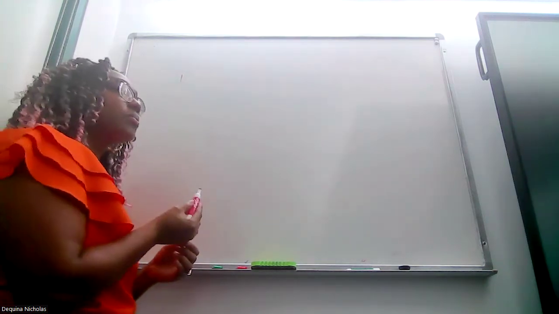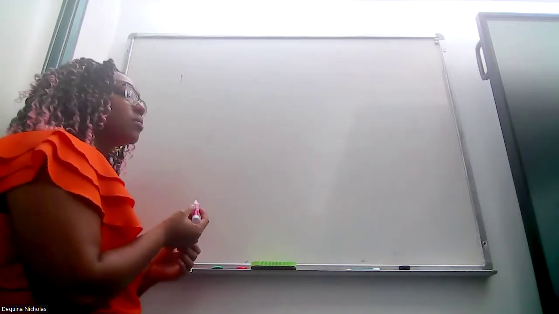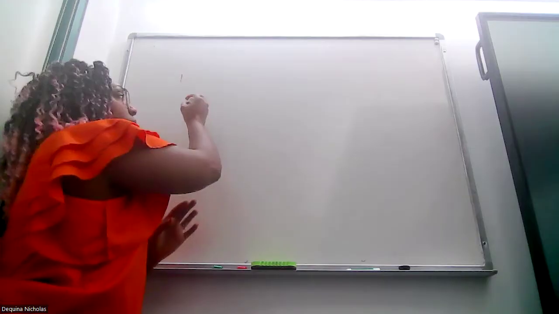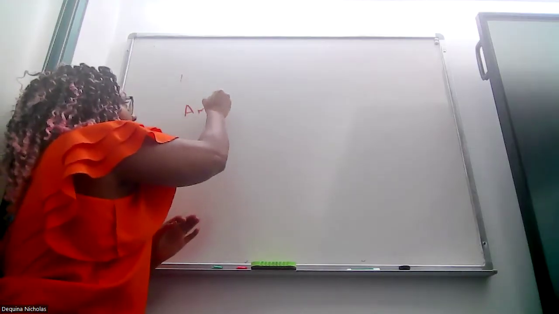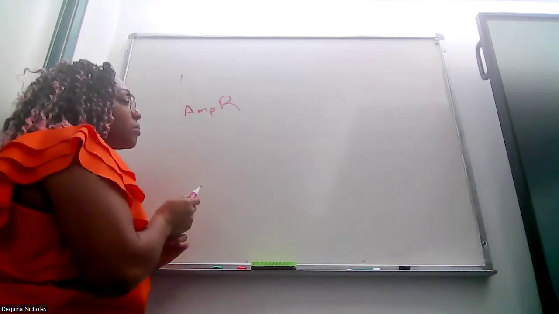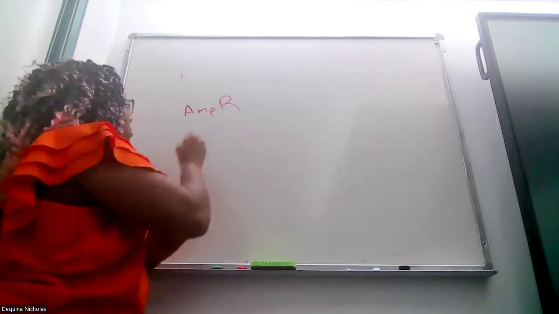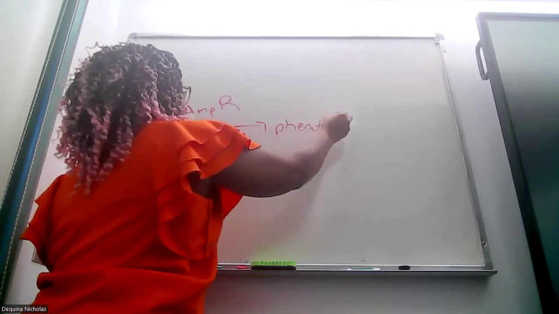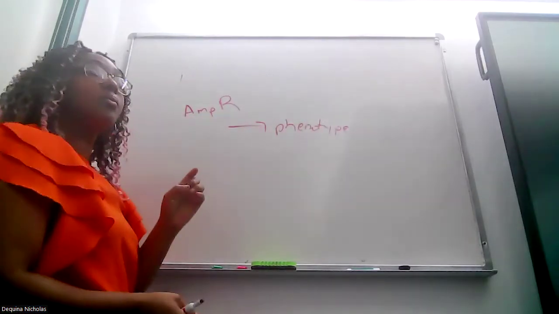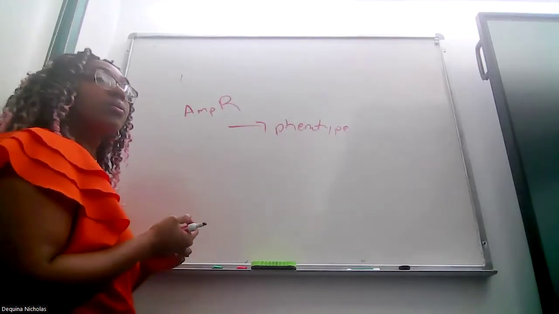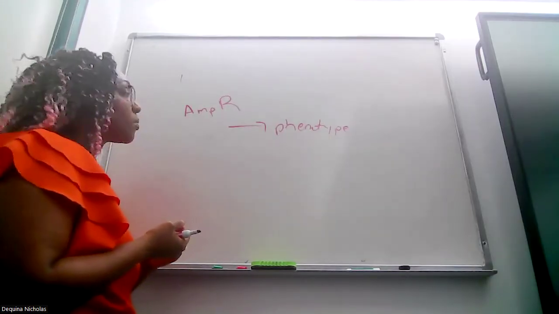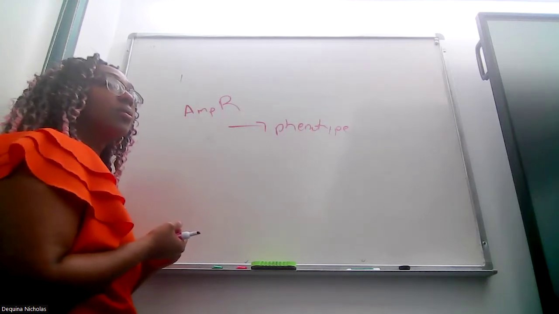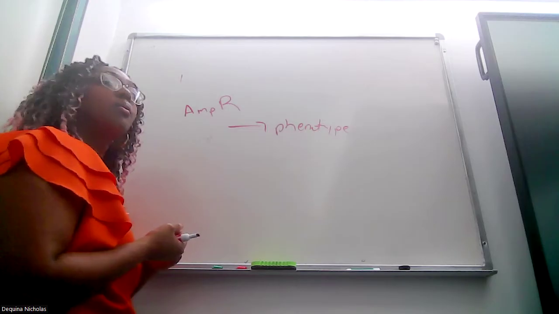You isolated an emerging ampicillin-resistant bacteria from infected patients, genotyped the bacterial genes, and discovered an AMP gene that confers ampicillin antibiotic resistance. Resistant. Okay, so it would die.